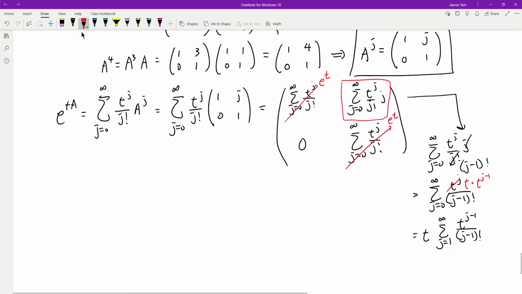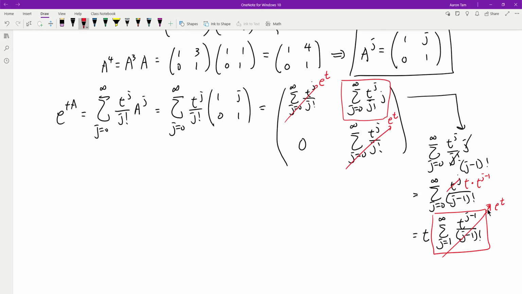Now the question comes down to what this summation turns into. Well, that summation just technically turns into e to the t. And if you're thinking, wait, why does it turn into e to the t? What I urge you to do is write out the summation by expanding it, and then you'll see that it forms the same exact power series as e to the t.